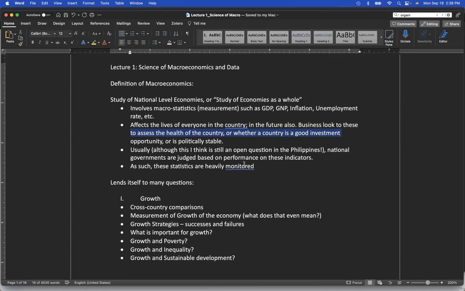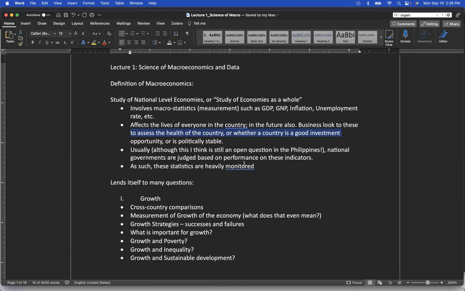Moreover, these statistics are important. Businesses look to these to assess the health of the country, to assess whether you should invest in the country. I think someone was doing credit ratings, right? Correct me if I'm wrong, Ralph? Yes, GDP, all of these macro numbers are an important part of your previous work in credit evaluation.